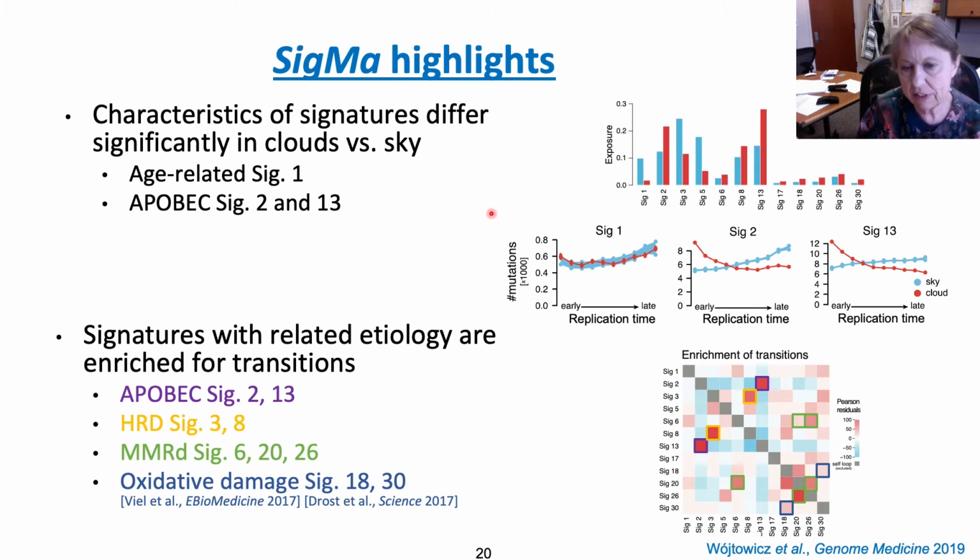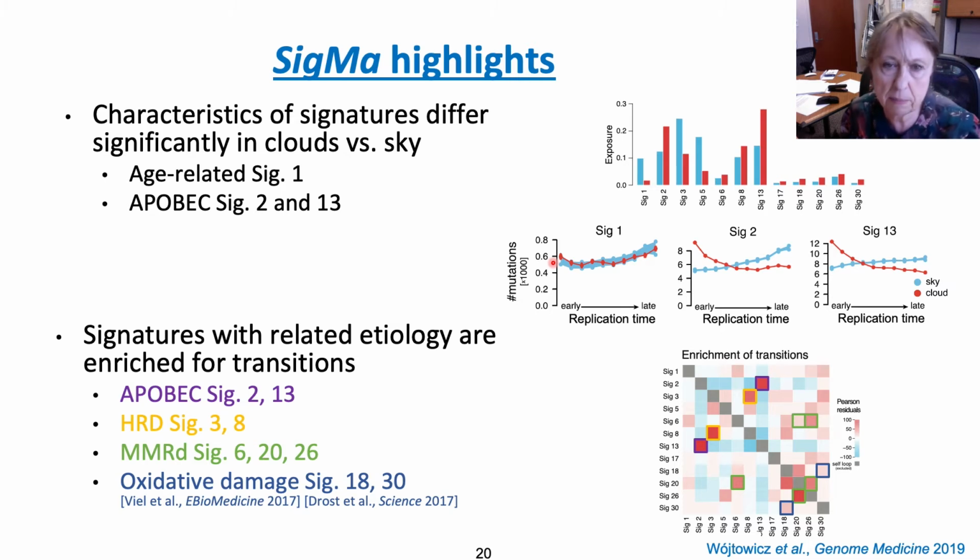Let me discuss briefly some of the biological findings that we obtained with SigMA. The first observation was that the characteristic of signatures often differ significantly in clouds versus sky. As an example, a previous study considers the dependence of mutation density on the replication time.